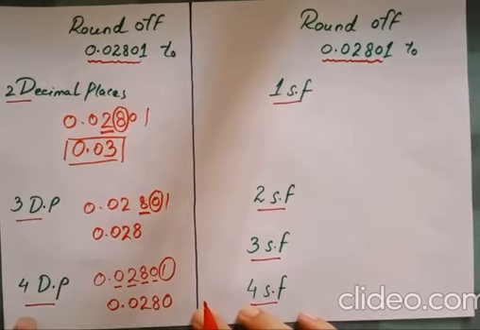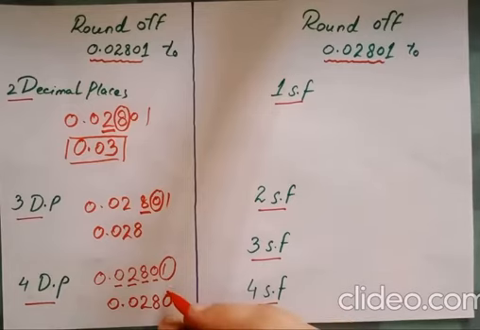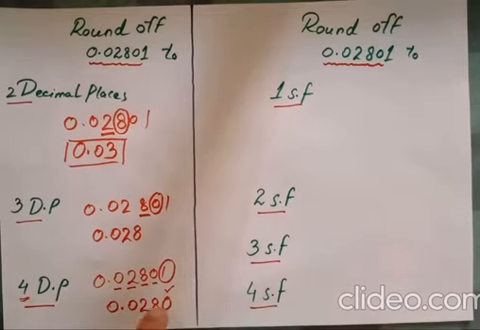This is the figure rounded off to four decimal places, and now you can see here I have written 0 just to keep place value, as I have to show four decimal places over here, otherwise it has no value, 0 after the decimal. So it means that sometimes we have to write 0 to keep place value, otherwise we don't have to.